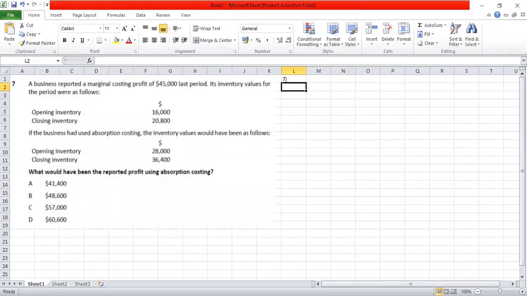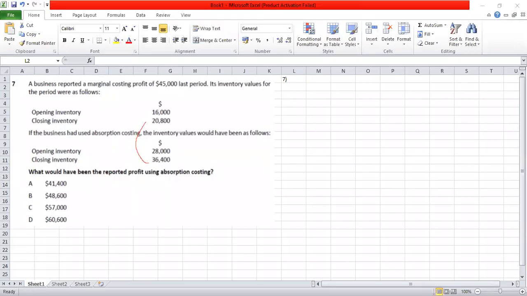There is a difference in how the ending inventory is treated. Ending inventory according to absorption costing should be 36,400, whereas they have taken only 20,800. It should have been 36,400, but they have accounted for only 20,800.